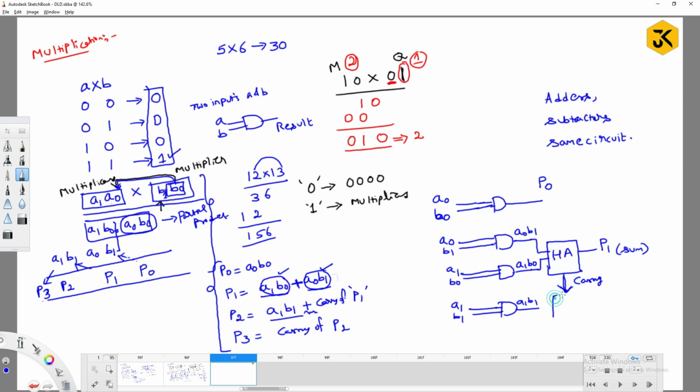So now to perform 2 bits addition, can I go for simply one more half adder? Yes. So this is 1 bit as input, and the carry is 1 bit as input, right? Now you are going to get the sum as output, I can call it P2, and which is going to generate once again a carry. That carry I can call P3.